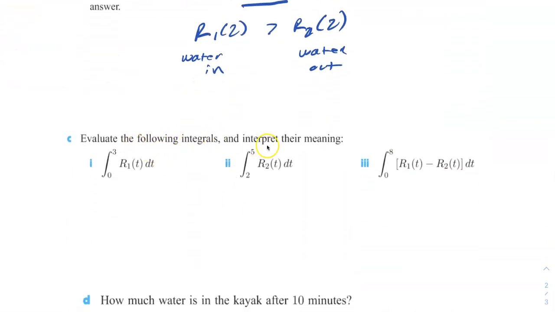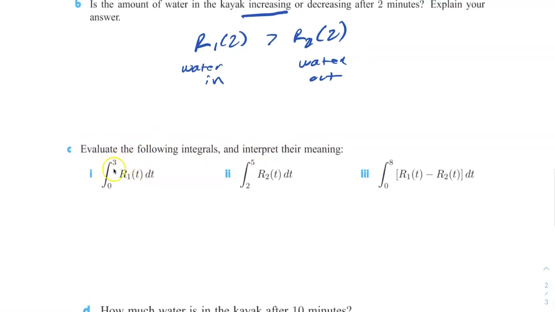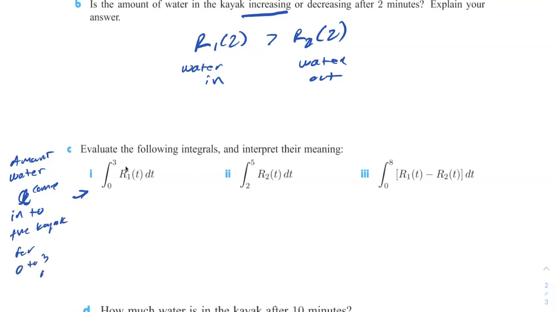Evaluate the following integrals, interpret their meaning. So in this case, we're integrating from 0 to 3 of R1. Remember, that's the water coming into the kayak. So this is the amount of liters of water coming into the kayak from 0 to 3 minutes, in liters, right?